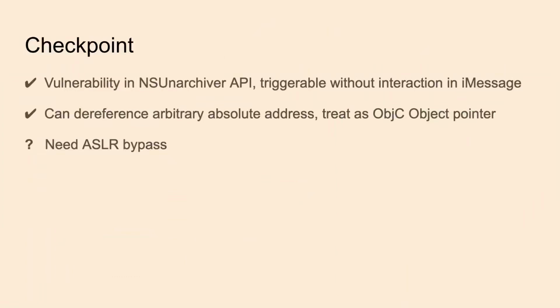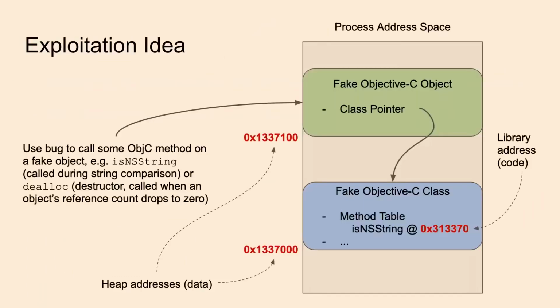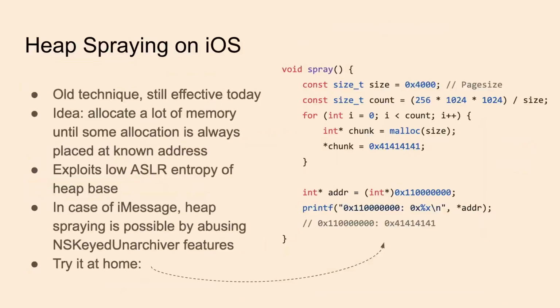So we need an ASLR bypass, is what this means. We're going to divide it into two parts. So the heap addresses, we get them in a different way than the library addresses. So let's see how we get heap addresses. It's really simple. Honestly, what you can do is heap spraying, which is an old technique. It's, I think, 15 years old, maybe. And it does still work today. The idea is that you simply allocate lots of memory.